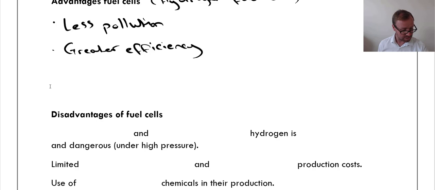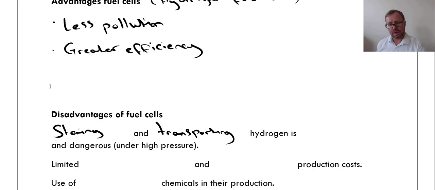Disadvantages of fuel cells are storing the hydrogen in particular and transporting it. And it's expensive and dangerous, because it's a flammable gas. It's got to be transported under high pressure, which makes it more dangerous. So there will be more stringent safety rules, which makes it more expensive.